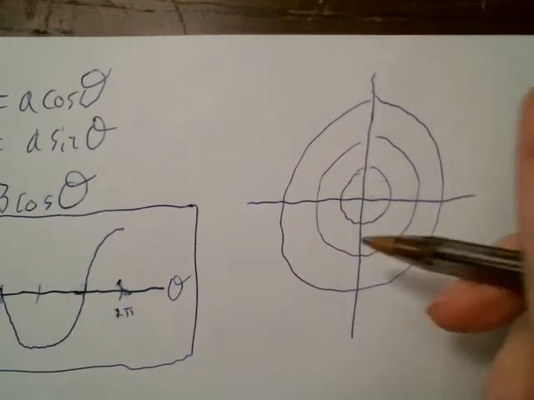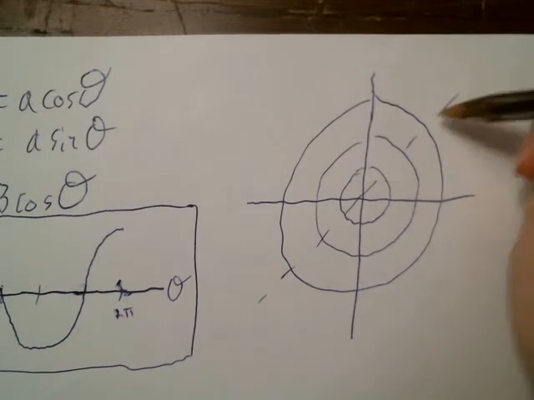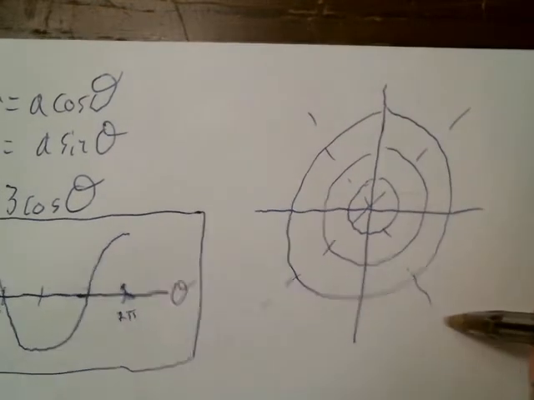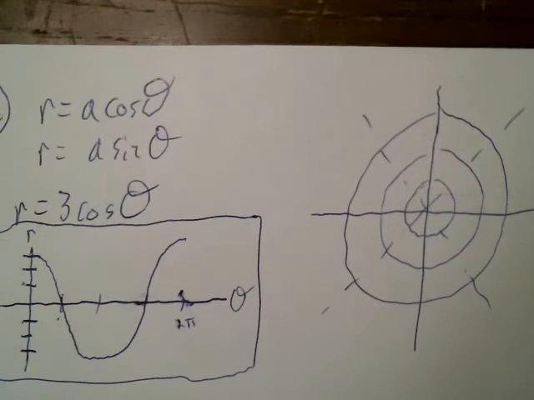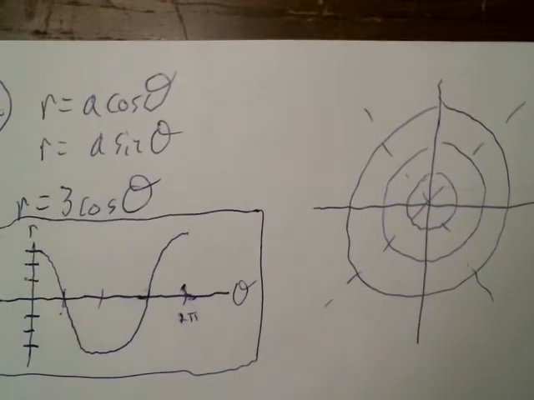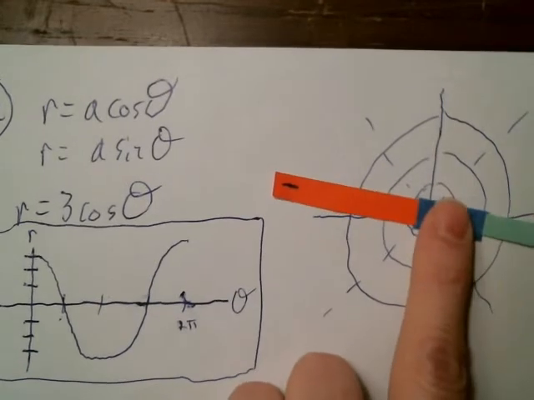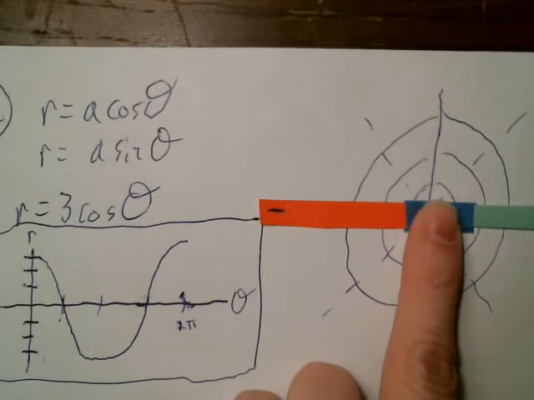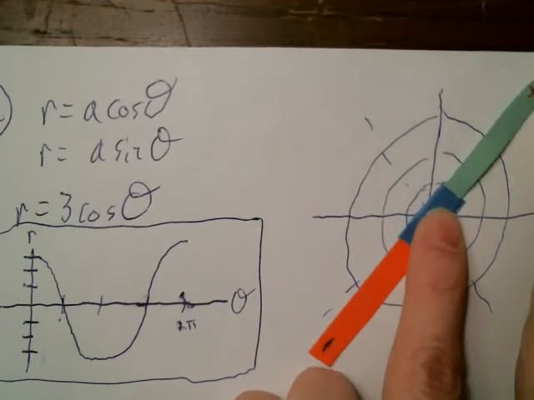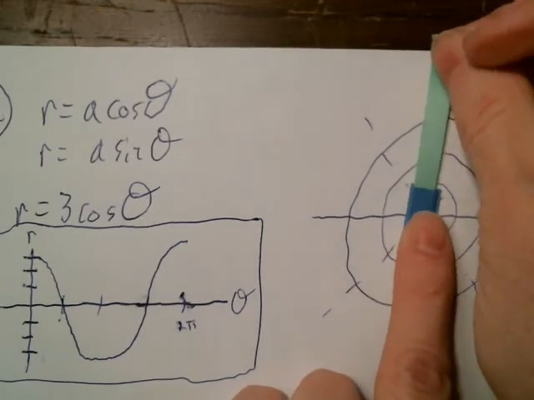And if you need little helper angles, you can put some in. I don't think we'll need them, but there they are. Now I'm going to set my arm. I start at theta equals 0, which is right here. This is theta equals pi over 4, theta equals pi over 2.